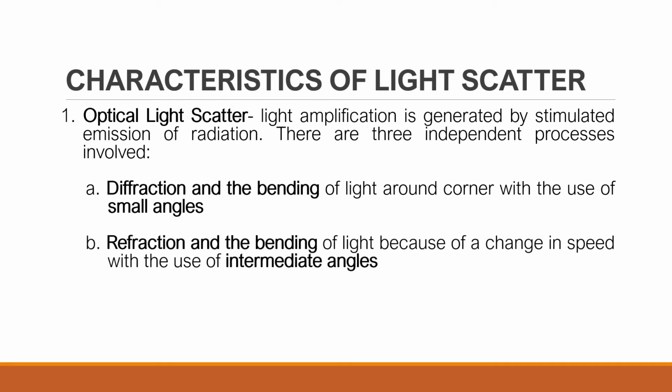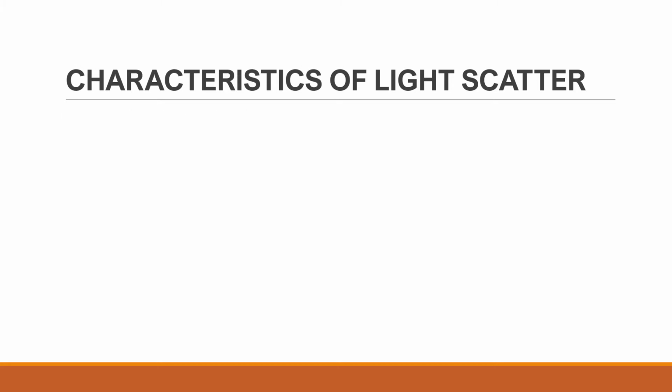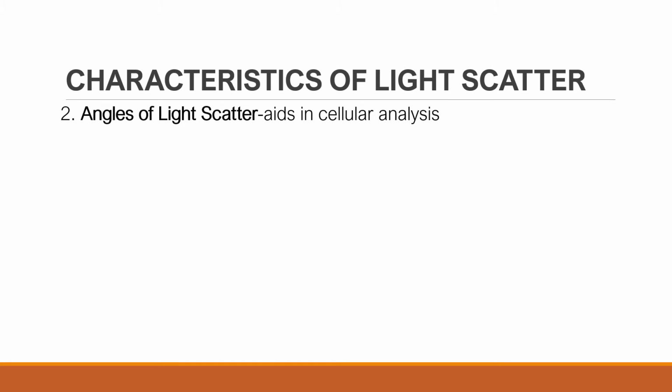Then we have refraction, the bending of light because of a change in speed, with the use of intermediate angles. And the third one is reflection, light rays turned back by a surface or an obstruction, with the use of large angles.